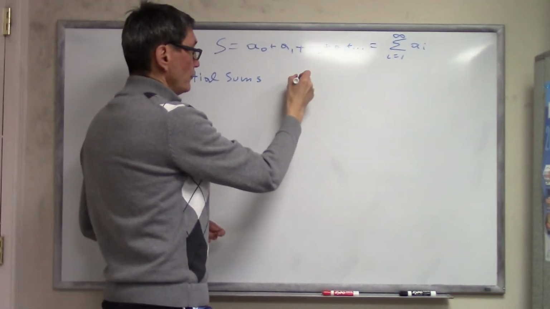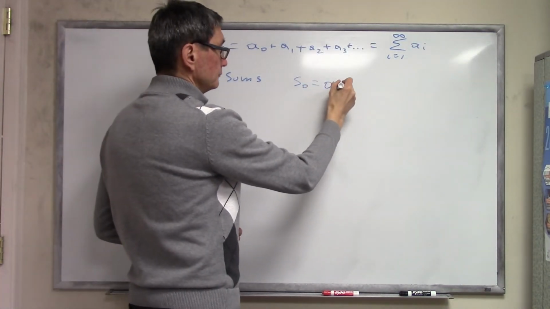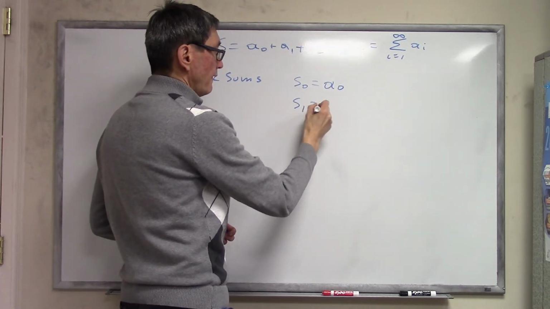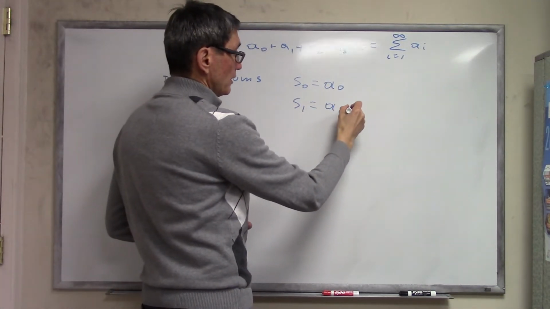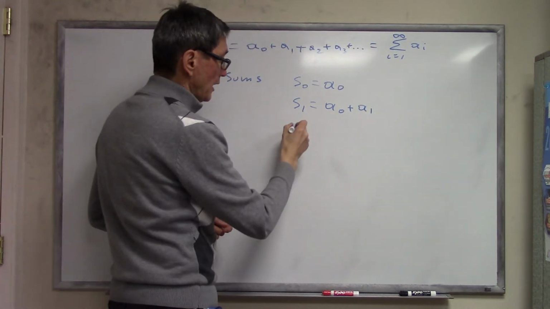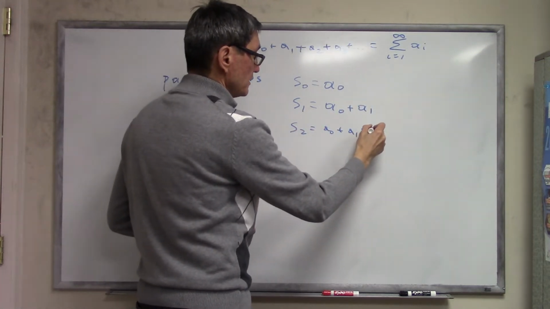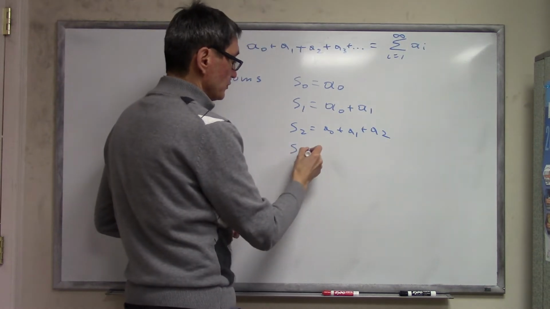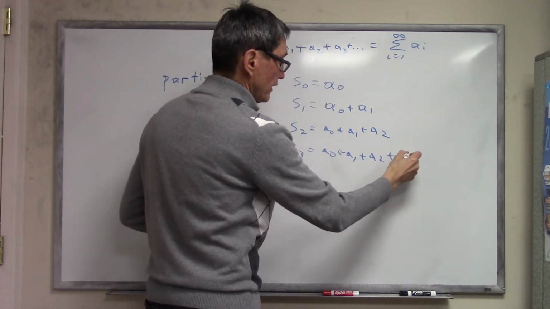Our first partial sum S0 is just a0. Our second partial sum S1 is a0 plus a1. S2 is a0 plus a1 plus a2. S3 is a0 plus a1 plus a2 plus a3.